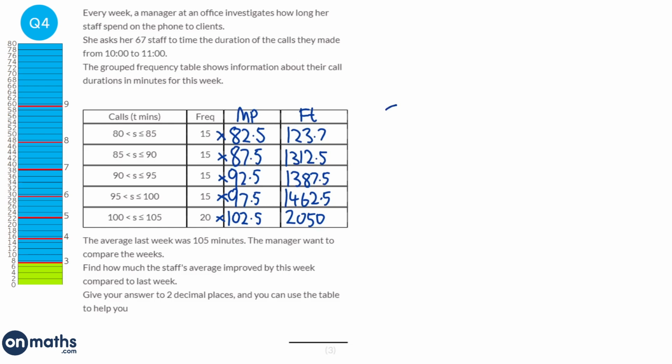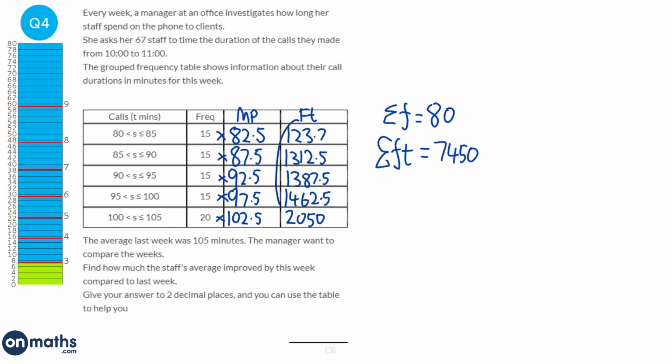Right, next we need to add up the frequencies and add up the FTs. So we're going to have the sum of the frequencies. So I'm just adding all this column up, and that will be 80. And we have the sum of the FT. And so we're going to just add this column up here. And so that would be 7,450.